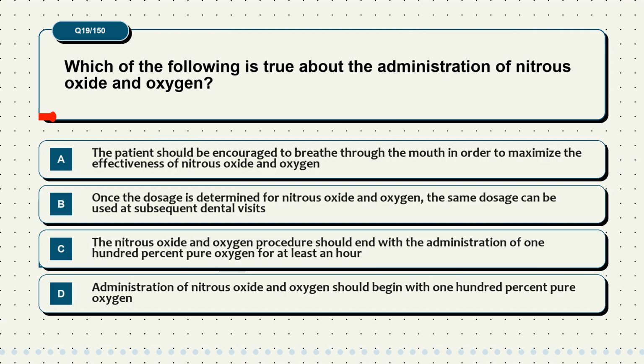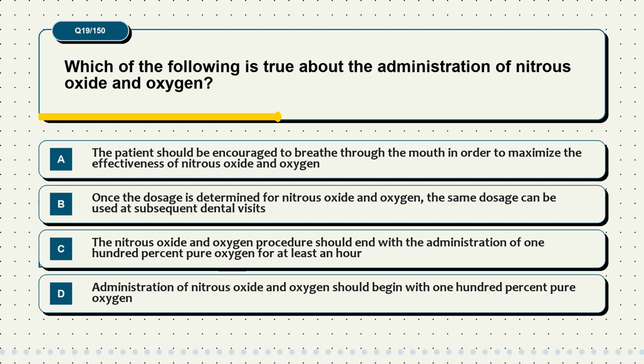Question 19. Which of the following is true about the administration of nitrous oxide and oxygen? Here are the options. Option A, the patient should be encouraged to breathe through the mouth in order to maximize the effectiveness of nitrous oxide and oxygen.